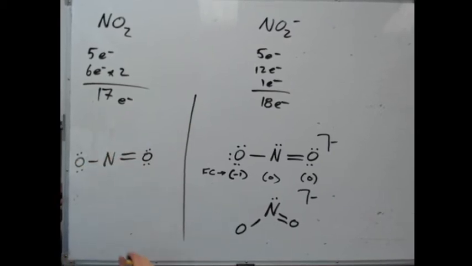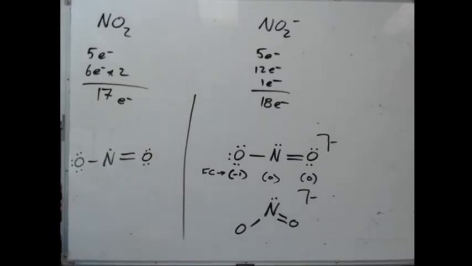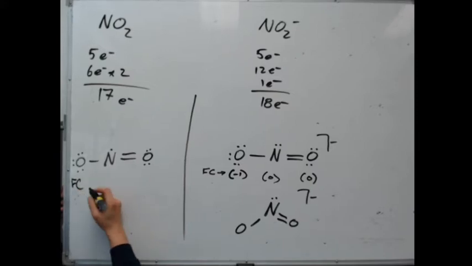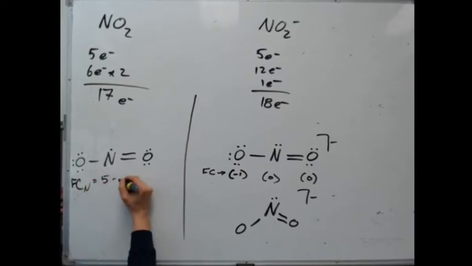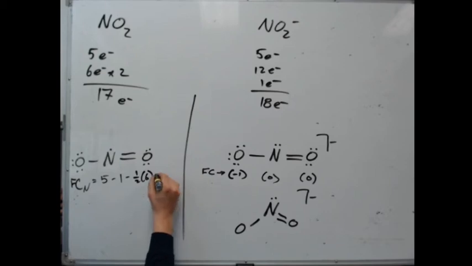So if I erase that double bond, put a lone pair there, I can put a dot on nitrogen. Now, if I do the formal charge calculation on nitrogen, I'm going to have 5 minus 1 minus a half of 6. That's going to be plus 1.